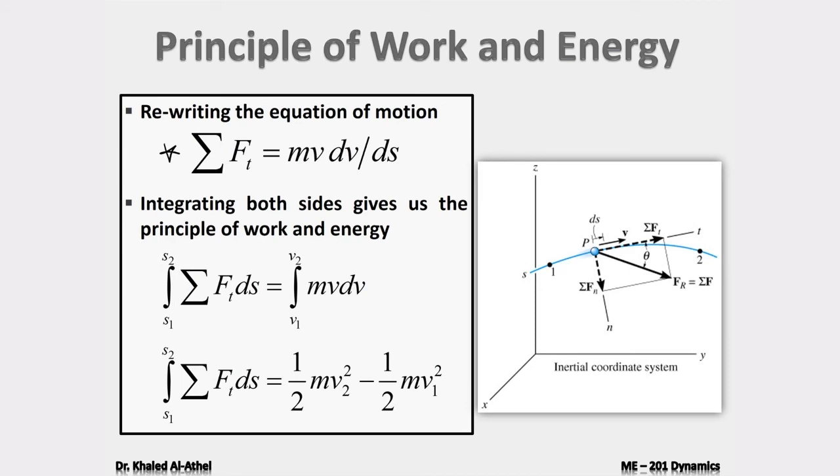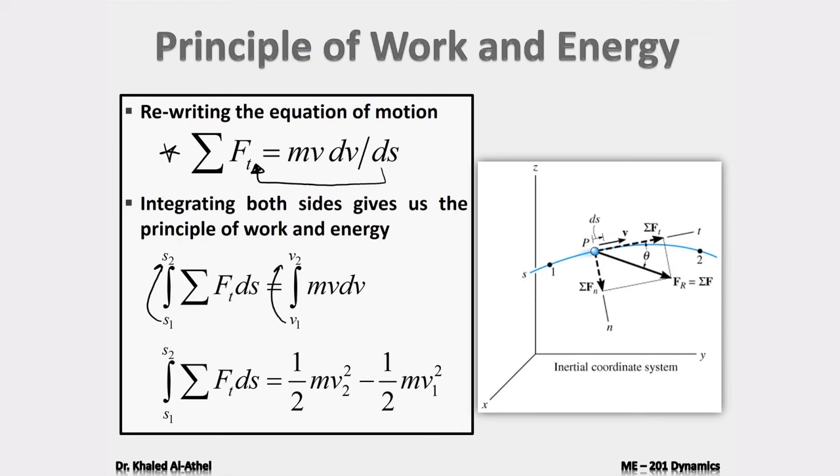What I will do now is take this operator, ds, and add it to this side and integrate both sides. Each side will have the integral limits based on the integral operator. Therefore, summation of forces F_t times ds will be integrated from s1 to s2, and m v dv will be integrated from v1 to v2.